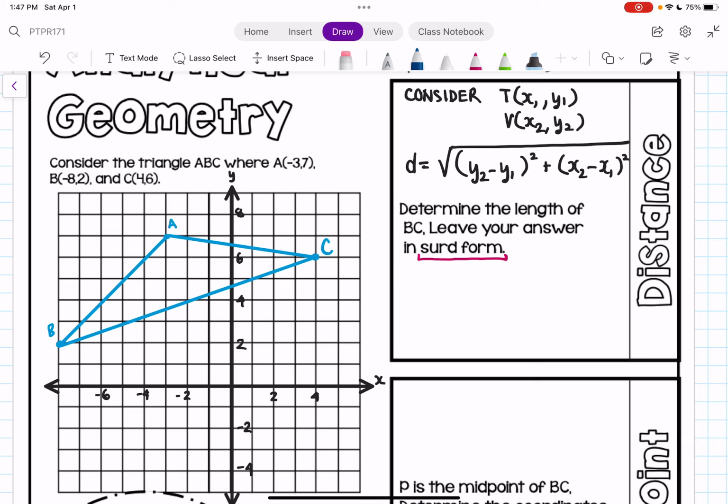When we're finding BC, you can either write it as BC equals, or you could say d subscript BC equals. Both of those mean the same thing. You don't need to do both. I'm just showing you that you could write it both ways. Those two symbols denote the distance between B and C, or the length of the line BC.